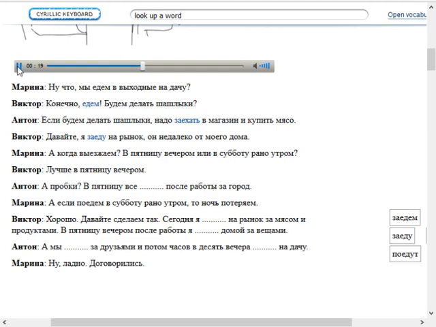А пробки? В пятницу все поедут после работы за город. А пробки? So, and what about traffic jams? В пятницу, on Friday, все поедут.